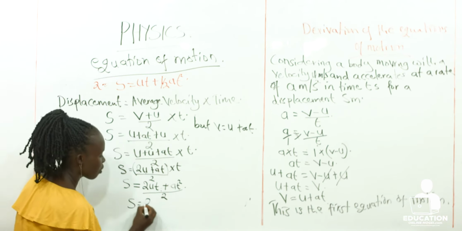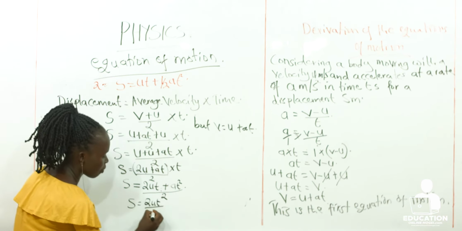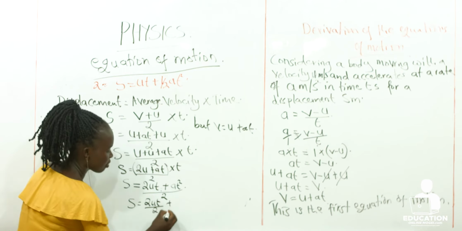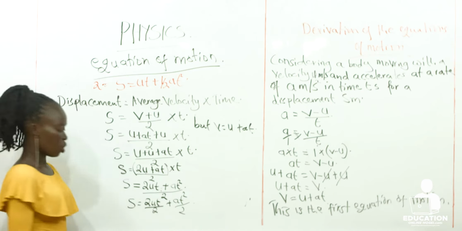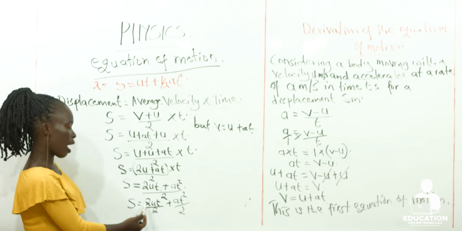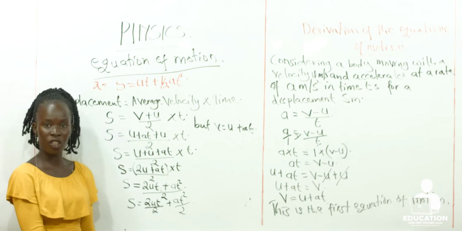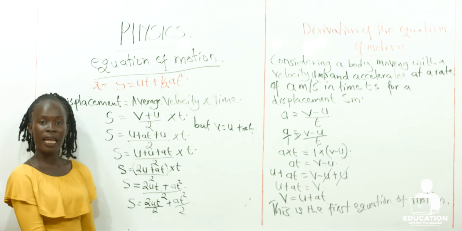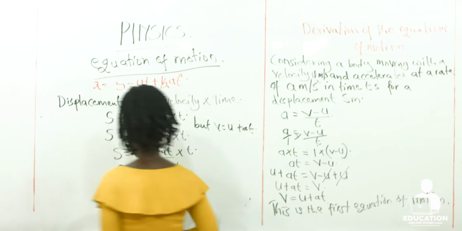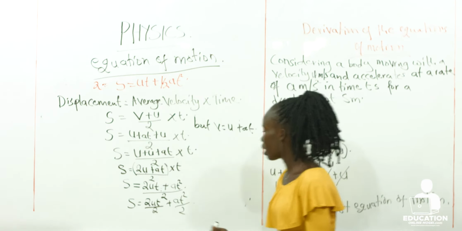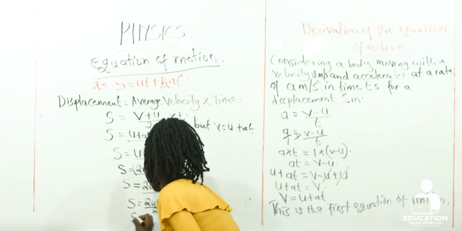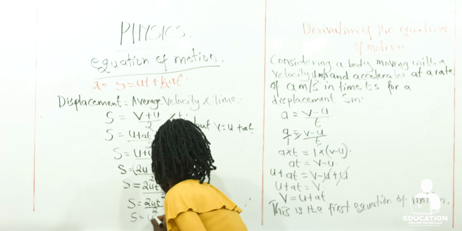So we shall have our 2ut divided by 2 plus at squared divided by 2. You'll see that our ut here has 2 already as its coefficient. So when you divide it by another 2, this 2 here will cancel with that 2. So we shall be left with s is equals to ut.